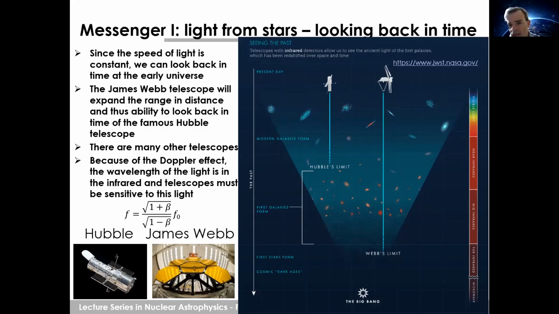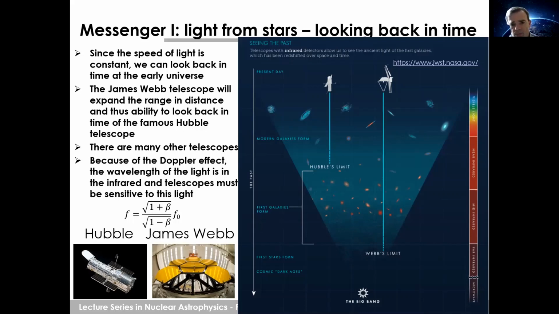Now, you might say that you can just look at the light, but it's actually quite complicated. One important aspect is that because these objects are moving, the light is Doppler shifted. And you probably heard about the Doppler effect. And if not, I can explain in more detail. But basically, it boils down to the fact that the wavelength of the light is shifted into the infrared because of the high velocity relative to our movement.